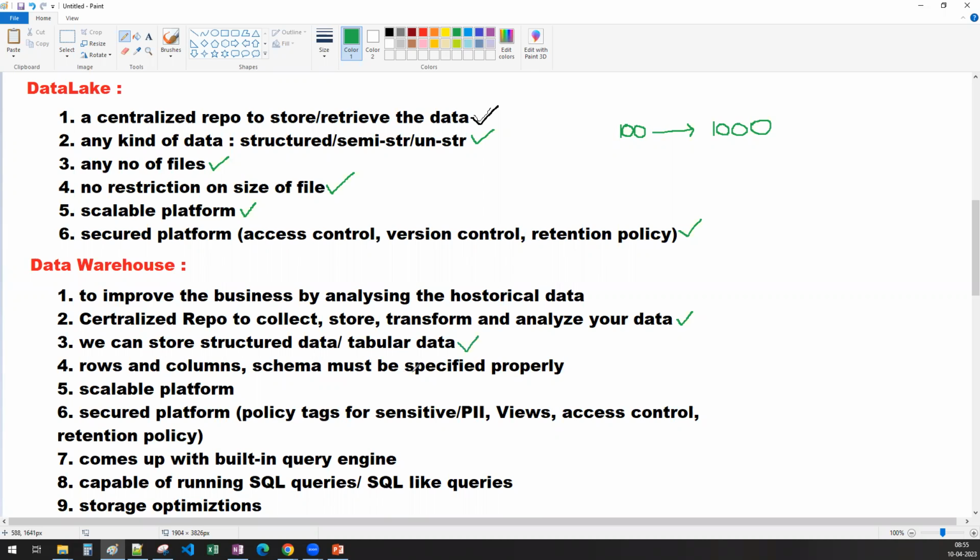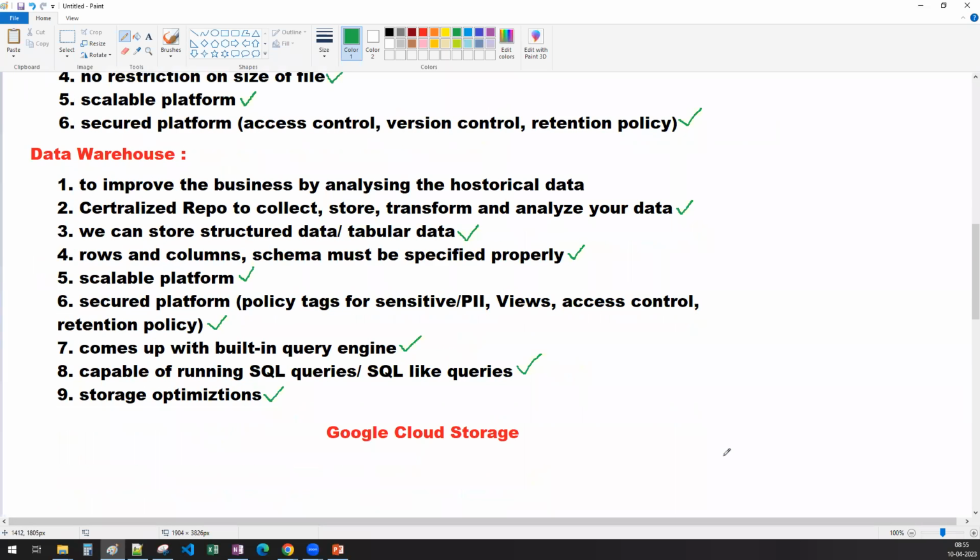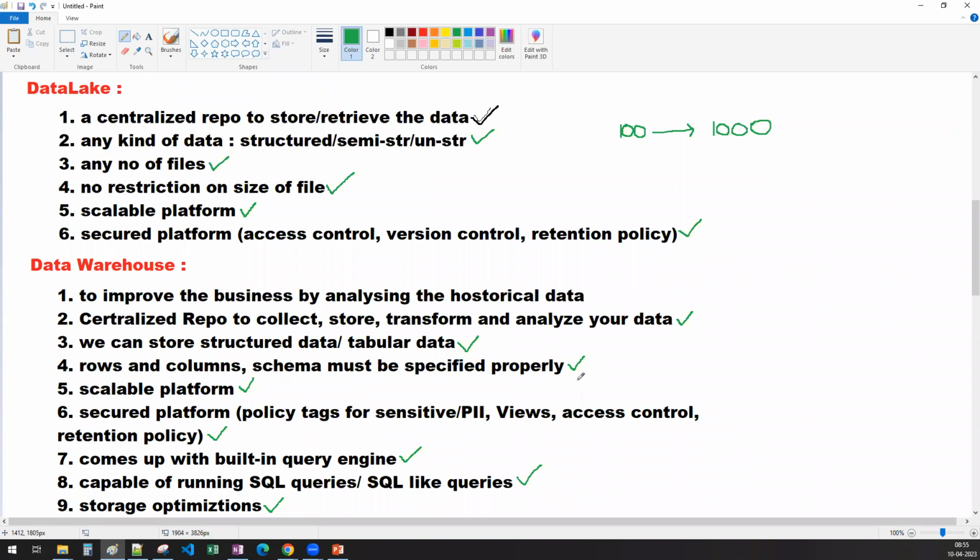The rows and columns schema must be properly defined, and it is a scalable and secured platform. When I say secured, you can apply policy tags for sensitive data, views, access control, and retention policies. It comes with a built-in query engine capable of running SQL and SQL-like queries, and we can also do storage optimizations.